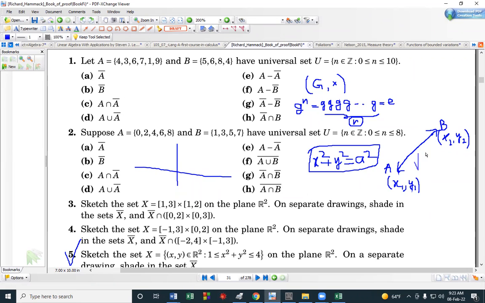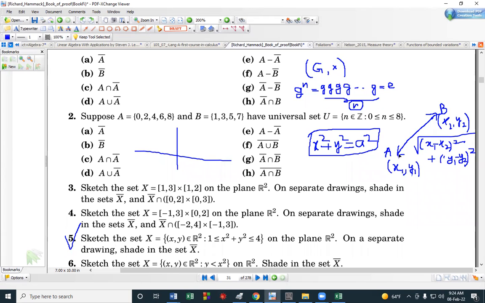You take the difference of the x's and square it, plus the square of y1 minus y2, and then you take the square root. This is the distance AB.